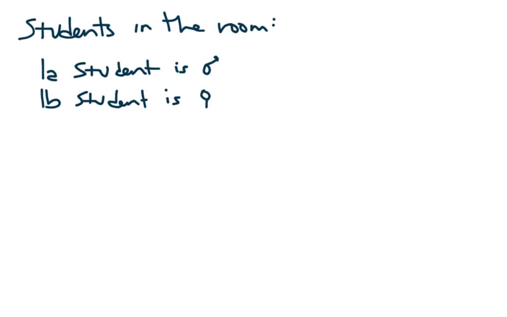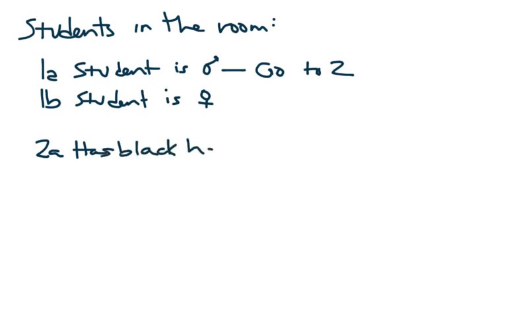And again, we're assuming binary here. It does not necessarily work that way, but we're assuming that for this case. So if it is this, go to 2. And then at 2, you would say 2A has black hair, or 2B has not black hair. I know that's not the way you'd probably word it, but that's how I'm going to word it.